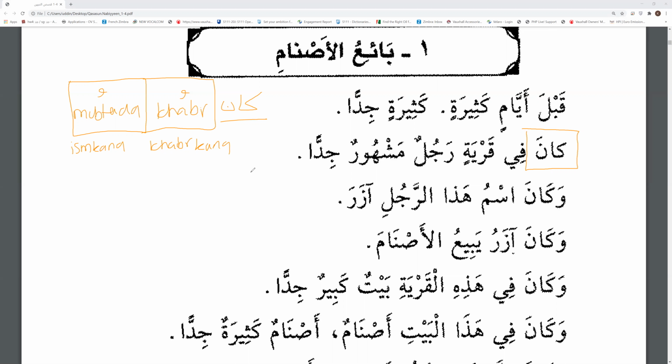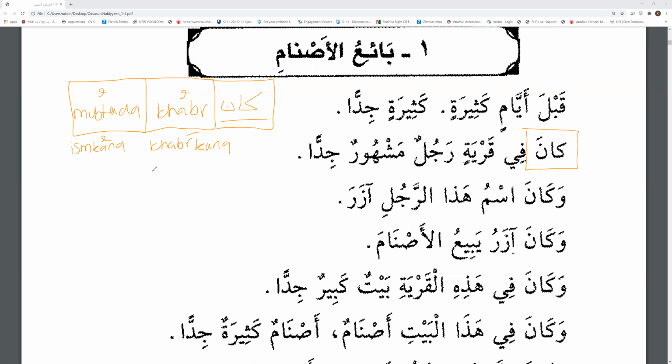Okay, if you can kindly write this down next to you, like on some paper, then that will properly help us. And then the ism of kana, again, look, it's reflected with dhamma, but the khabar of kana is reflected with a fatha. Khabar of kana, ism of kana. But this is only when a kana comes in front of a mubtada and khabar.